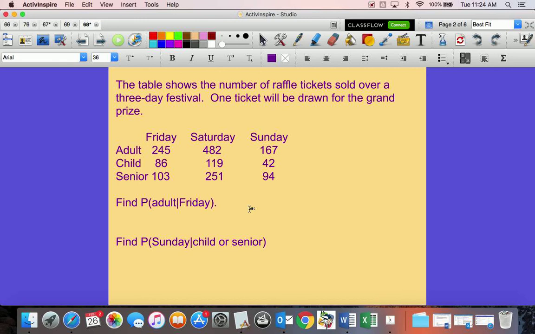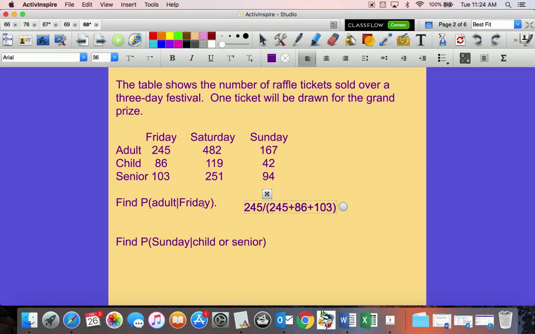The number on top is putting these two things together. So how many adults do we have on Friday? That would be 245. And then we would divide by all of the people on Friday. So it'd be 245 plus 86 plus 103. And then we would just divide that out.